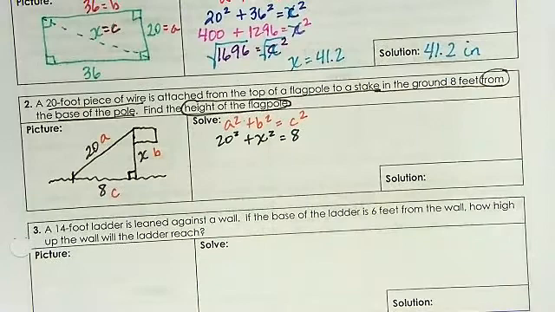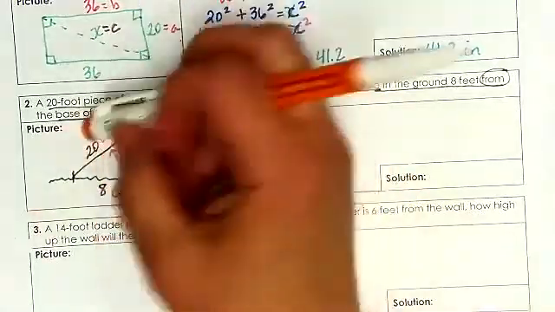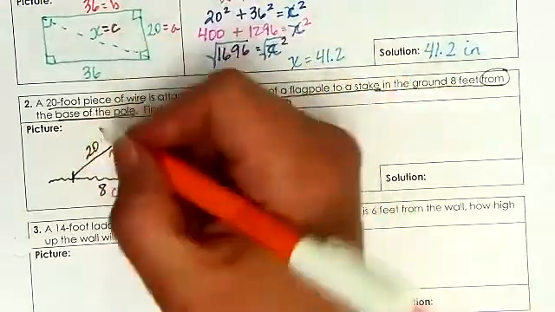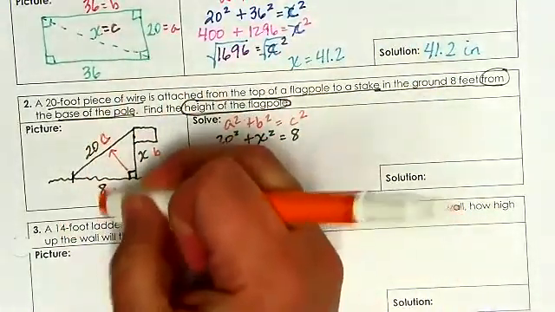Oh, look at the mistake I made. I did not label this correctly. When I look at this, 20 is the side opposite the right angle. This is supposed to be C. This is supposed to be A.